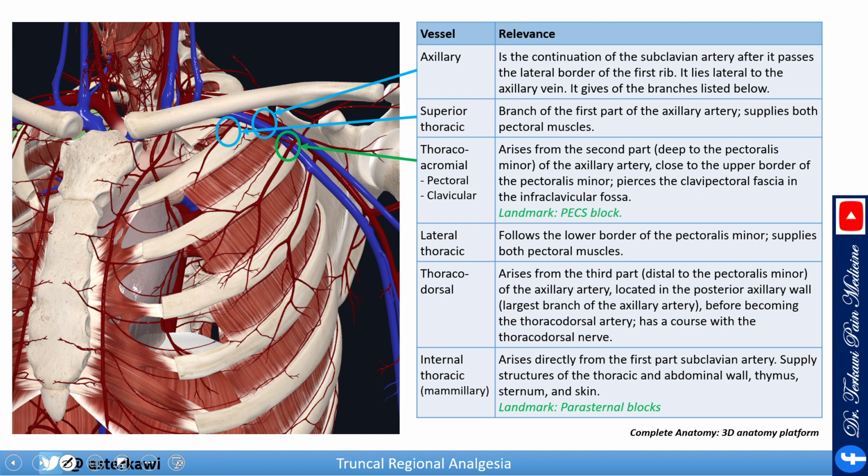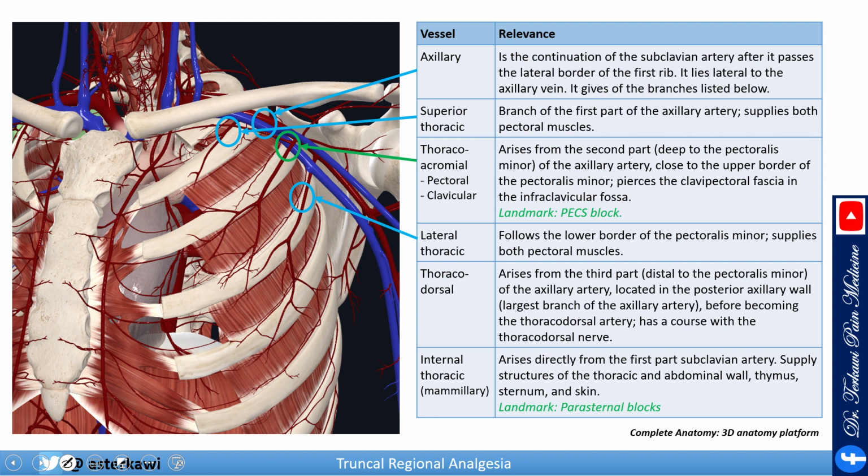It pierces the clavipectoral fascia in the infraclavicular fossa. So it's an important landmark when we are doing PECS block, and also when we are doing clavipectoral fascia plane block.